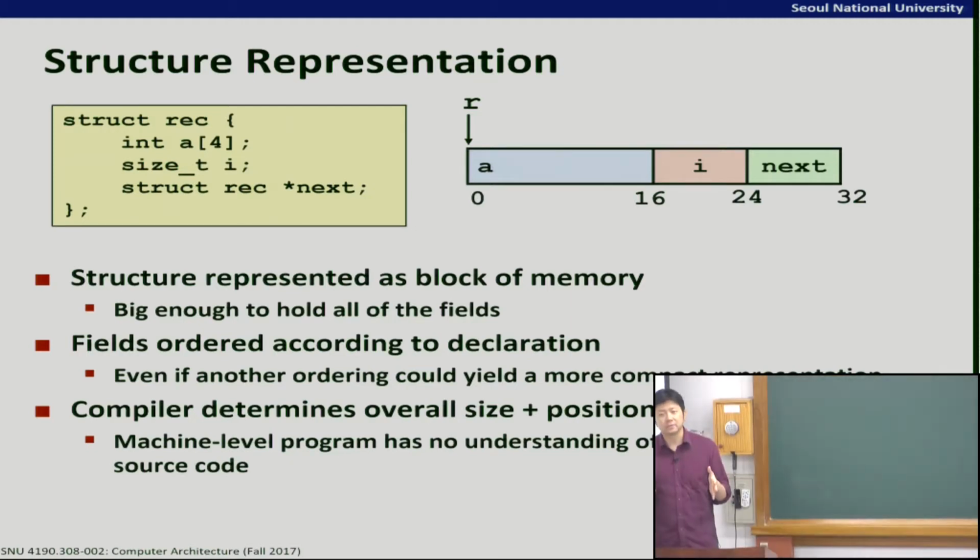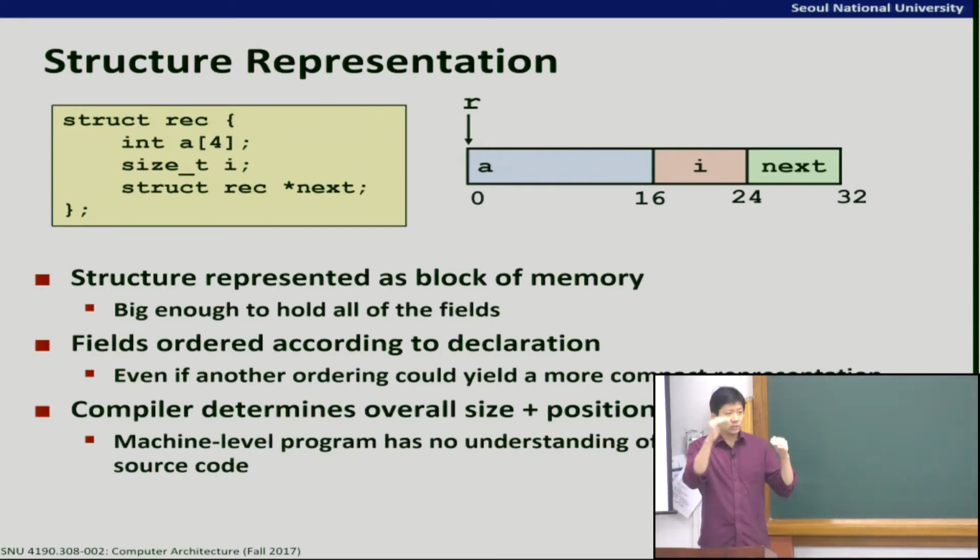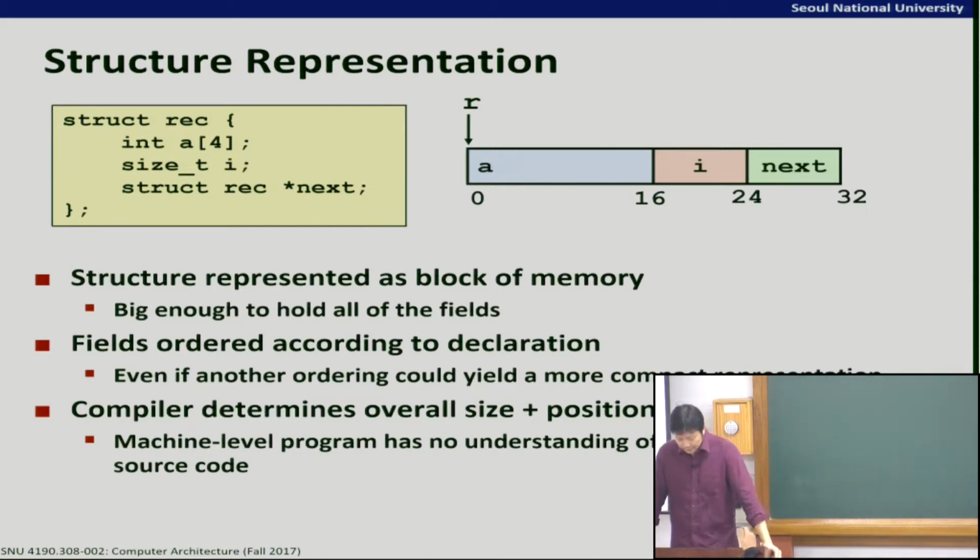The basic idea is if you declare the fields in a specific order, that order will be preserved inside the struct by the compiler, because the compiler is responsible for generating the code, right? And the compiler determines the overall size and position of fields, because this code will be parsed and eventually translated into assembly code by the compiler.